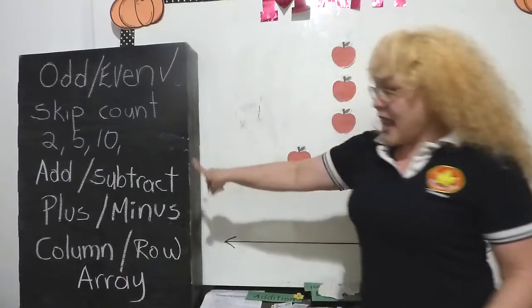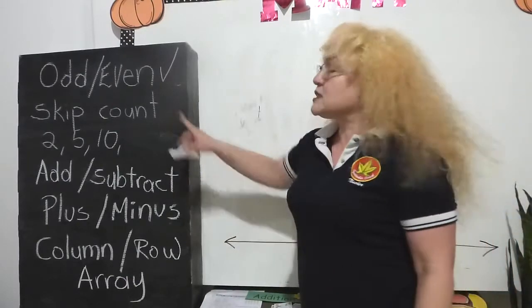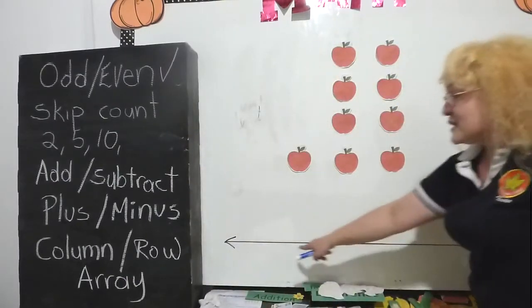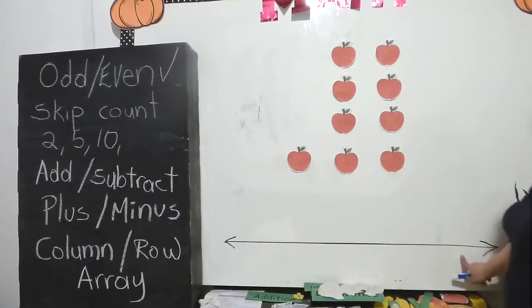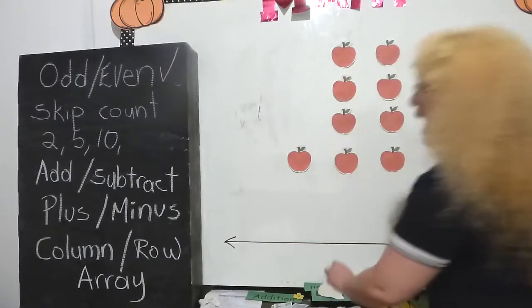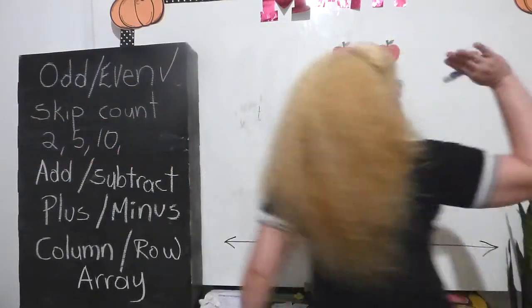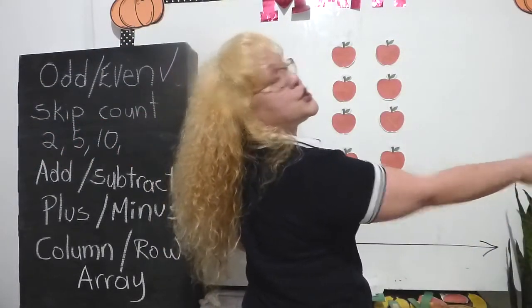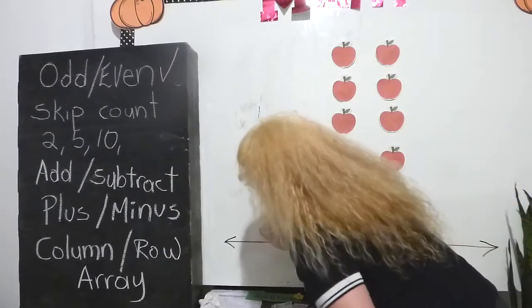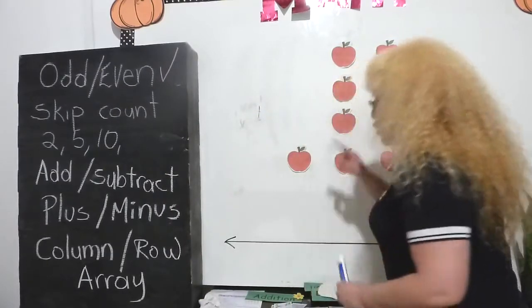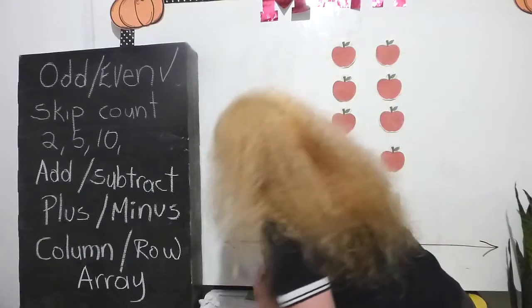Okay, the next thing that you learned was to skip count. And the first thing you have to understand is that this is a number line. A number line goes all the way there with the small numbers and all the way here with the big numbers. And what does skip count mean? To skip, to jump.